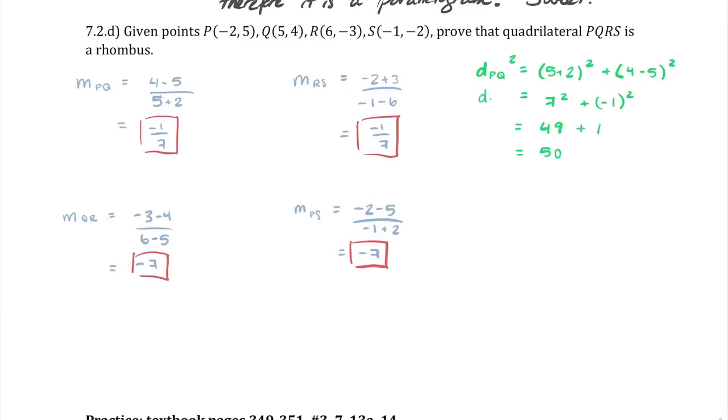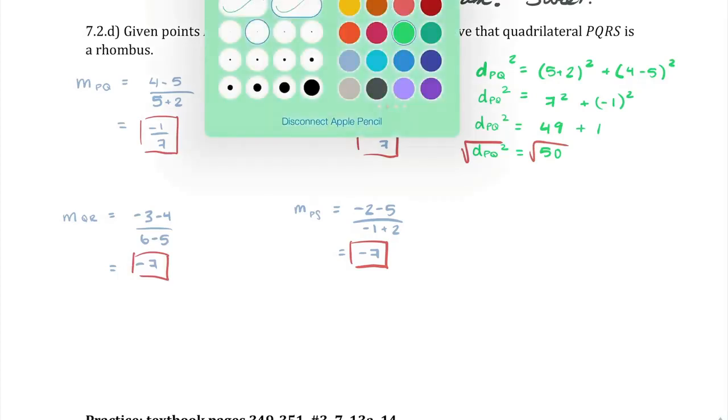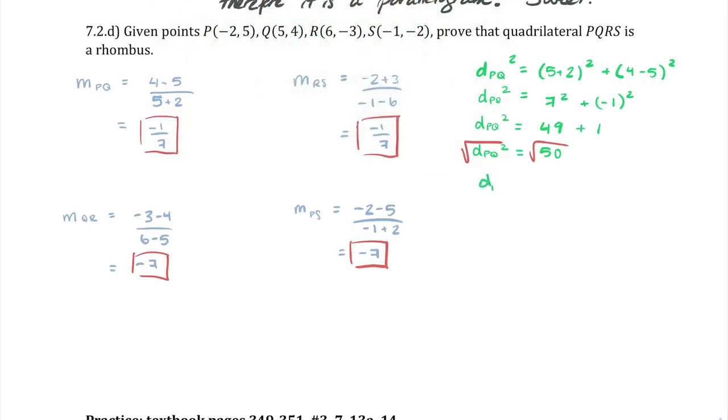And of course, our d of PQ was squared all this time. To get that d squared to be just a d, we got to square root both sides, and we should get d, or the distance of PQ, is the root of 50.